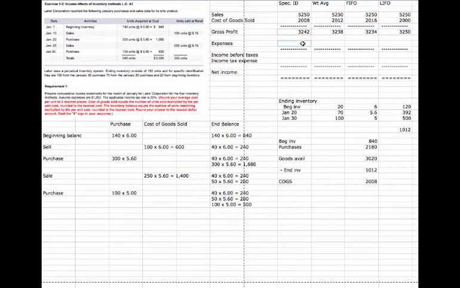The next thing we need to do is the expenses, and according to here, it says assume the expenses are 1,250. So we're going to take 1,250, and it's the same amount for all of them, so we'll move those over. So the income before taxes is going to be the gross profit minus the expenses. Same thing for all of them.